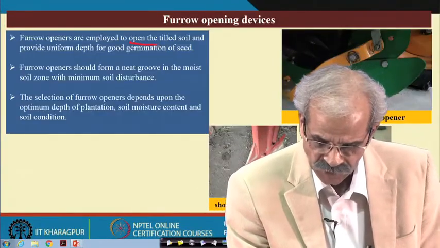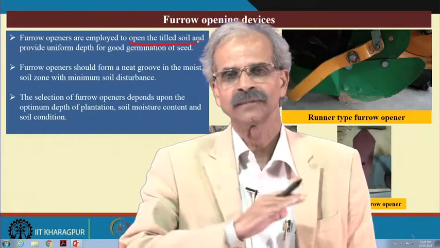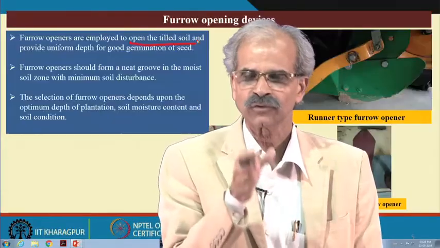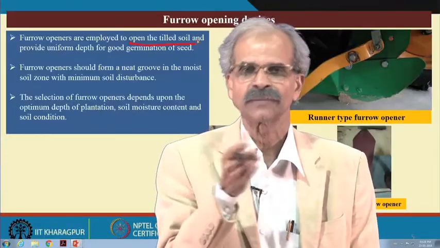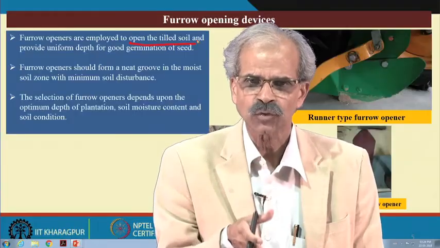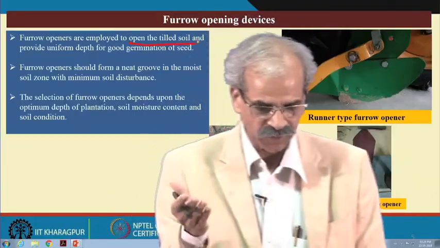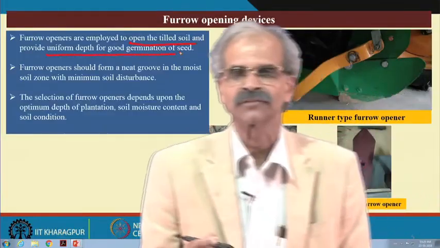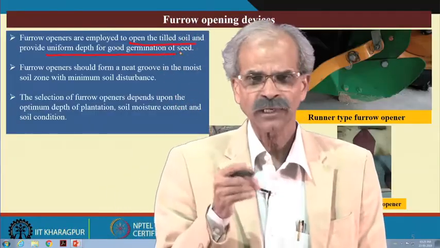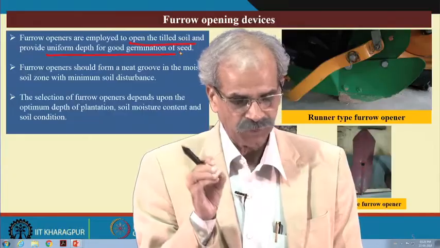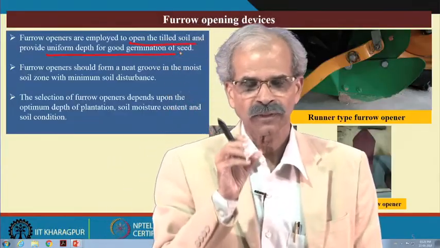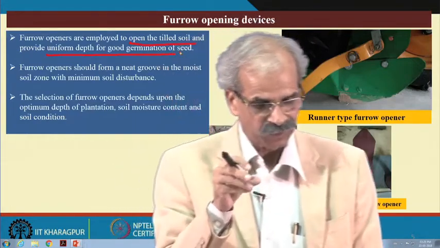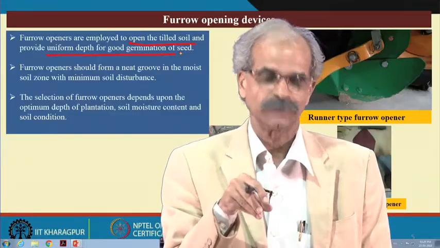The aim is to open the tilled soil, because you already know that the seed bed is prepared and you only have to sow the seeds. When you have to sow the seeds or put the fertilizers side by side, you simply need to open a slit there depending upon the situation. The tilled soil opens and provides a uniform depth for good germination of seed, because a good environment has to be provided to the seed when it is placed inside the soil.